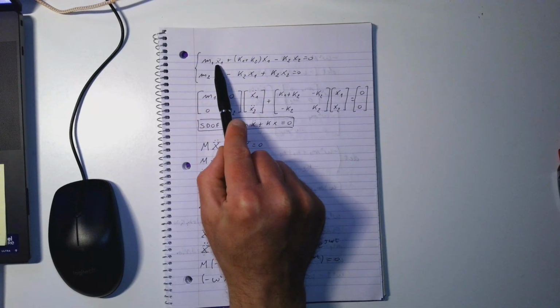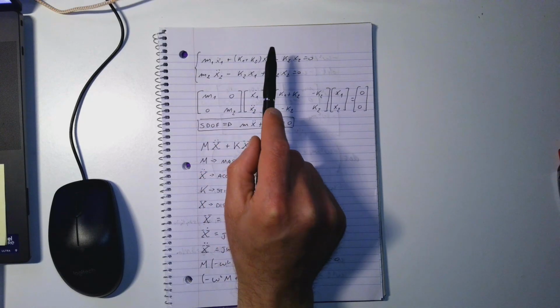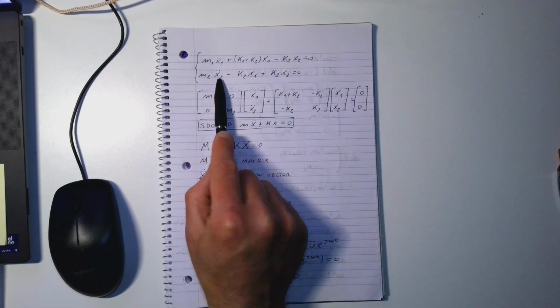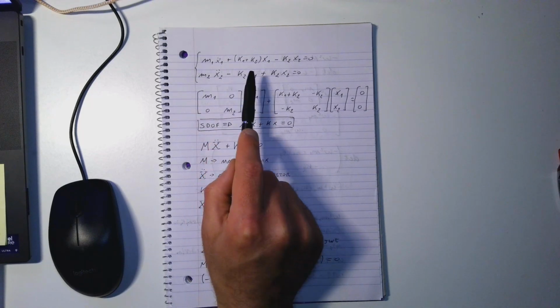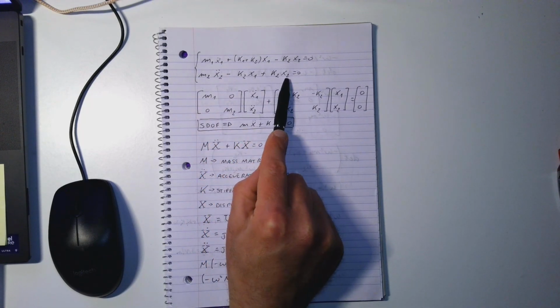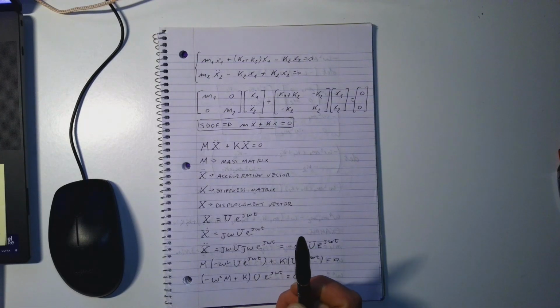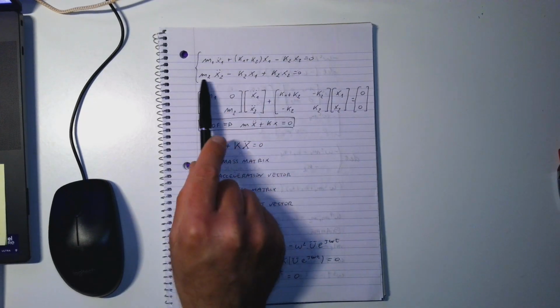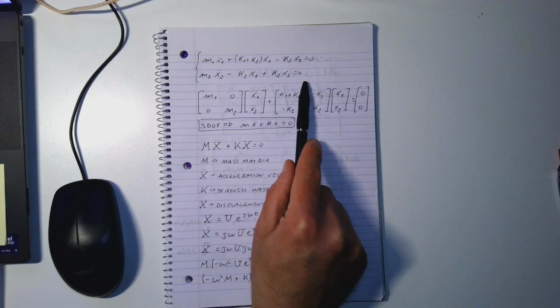So this is the acceleration of the first mass, displacement of the first mass, displacement of the second mass. Here we have the acceleration of the second mass, displacement of the first mass, and then displacement of the second mass. So we start with the accelerations first, and then we go to the displacements. In this case, same thing, we start with the acceleration and then we go to the displacements.